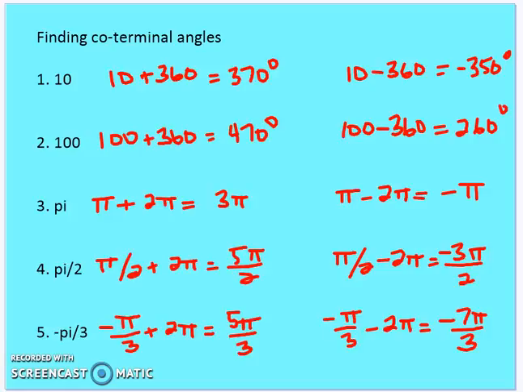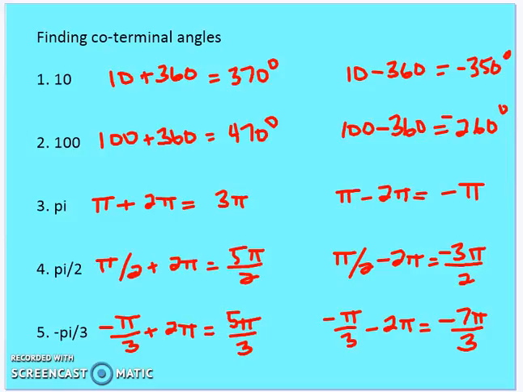Right, so if I find the positive and negative angle measure that's coterminal with 10 degrees, I add 360 degrees to 10, that's 370 degrees, or subtract 360 degrees from 10, that's negative 350 degrees. In the second example, I have 100 plus 360 degrees, or 470 degrees, or 100 minus 360 degrees, which is negative 260 degrees.